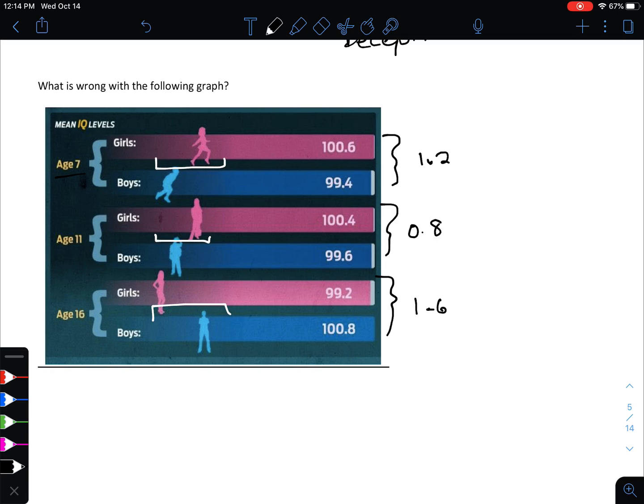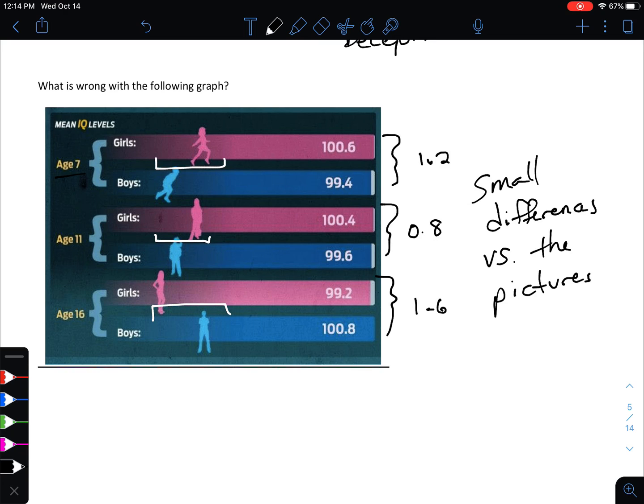And at age 16, the difference gets switched around, so boys are now ahead, and it looks like they're ahead by 1.6. So these are some pretty small differences in terms of numbers versus the pictures that are being shown, which can definitely be misleading because, again, when you look at a graph like this, your eyes are probably drawn to the pictures more so than they are to the numbers, at least at first.